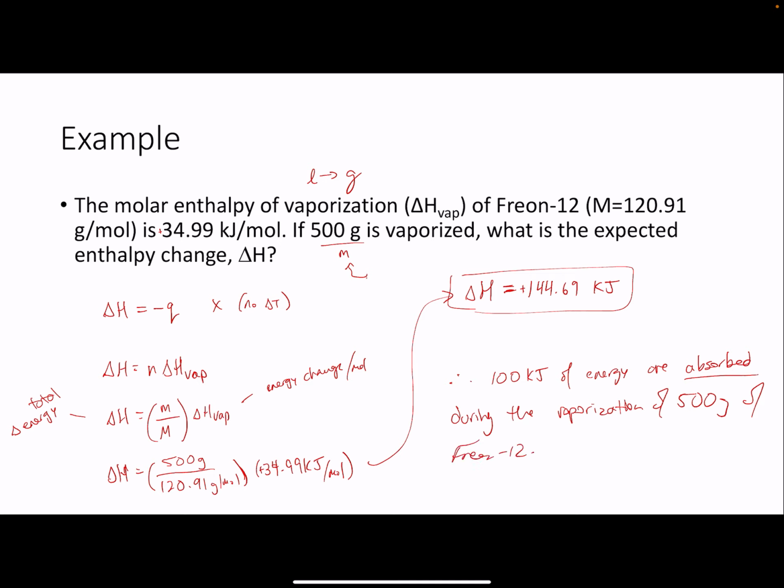Okay, and why was it absorbed? Because the value was positive. Now think about that. Vaporization is liquid to a gas. It's going to a higher energy state, which means it needs to absorb energy. So our numbers add up, right? So that's the relationship there.